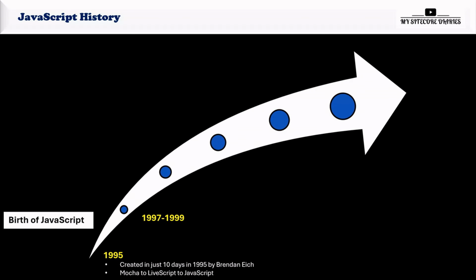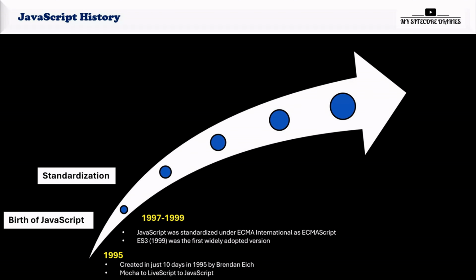In 1997 to 1999, JavaScript was officially standardized as ECMAScript by ECMA International. The version ES3 in 1999 became the first widely adopted version.